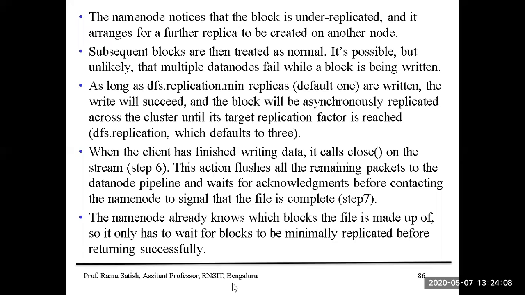The name node already knows which blocks the file is made up of, so it only has to wait for blocks to be minimally replicated before reporting success. For every block, the replication has to be maintained and written successfully into the data nodes, and the data node also should send a successful acknowledgement so that the entire process is complete.